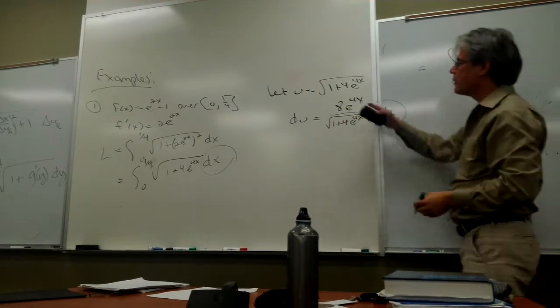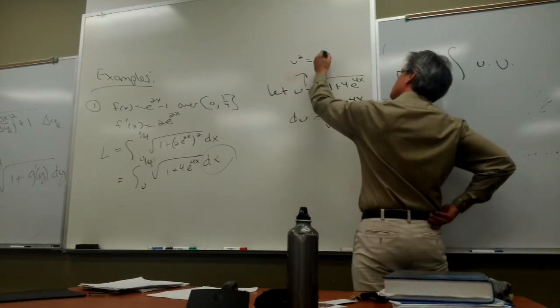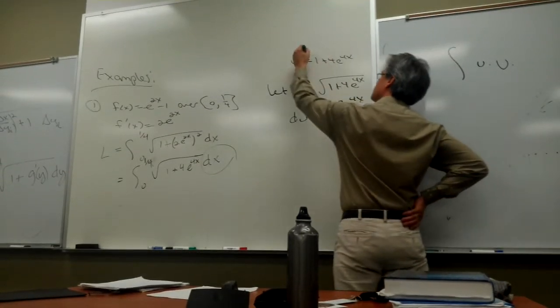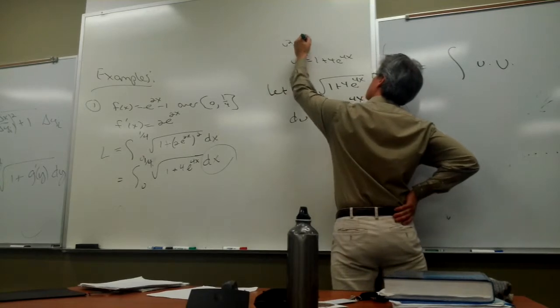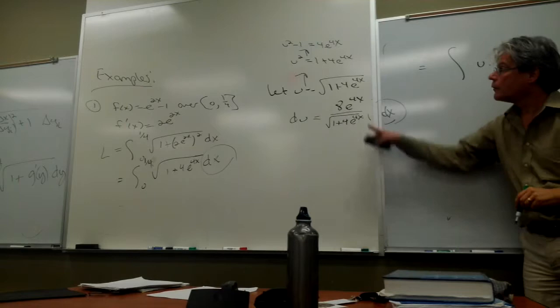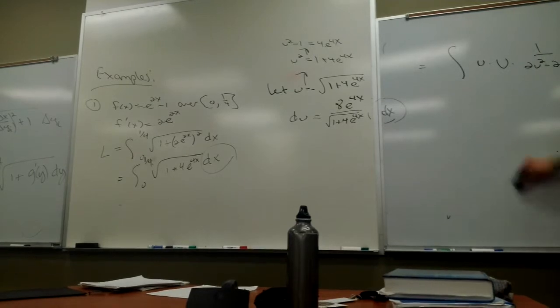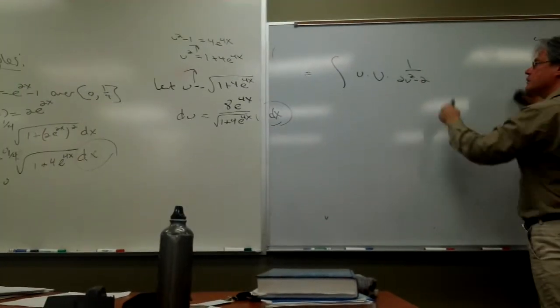Let's see what 8e to that power is in this equation. I think another name for 8e to the power is just going to be 1 over 2u squared minus 2. I've lost my du.